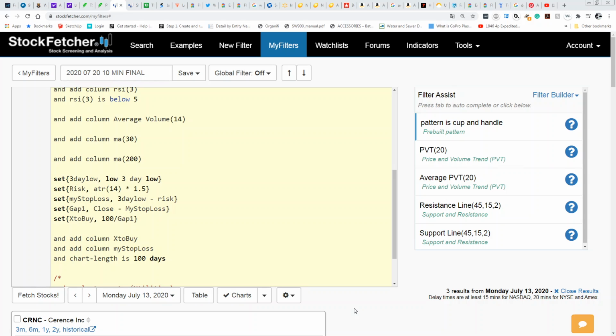So the ATR factor is 1.5. The more I increase this factor, the lower my selling price is, like when the stock, instead of going up, goes down. The more I want to tolerate that happening, the more I can increase this number, the 1.5.